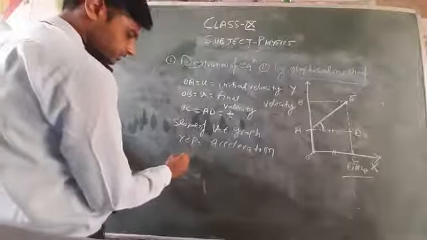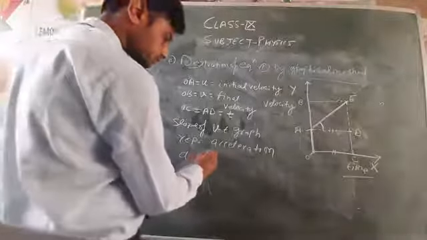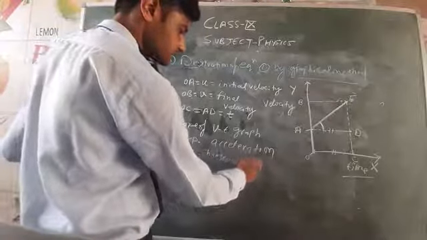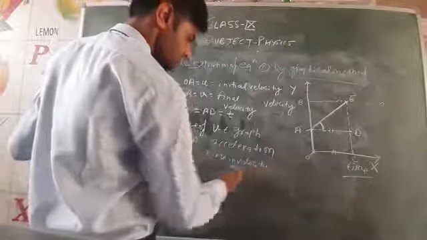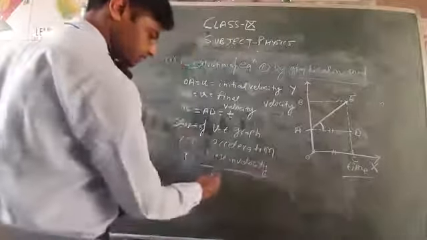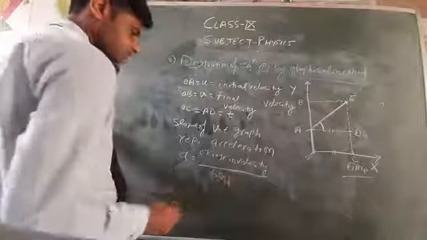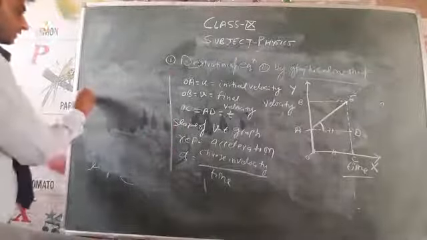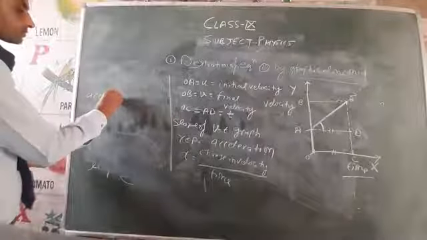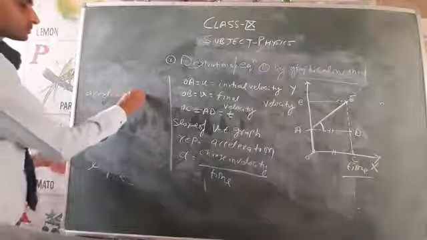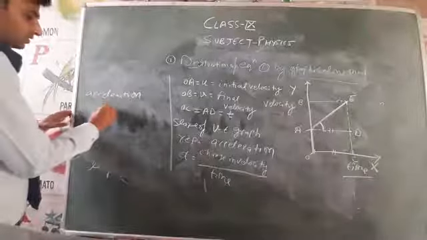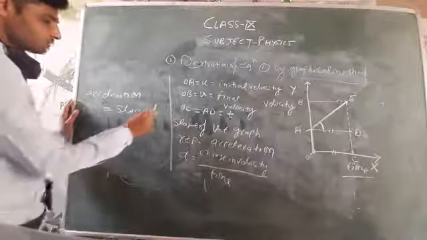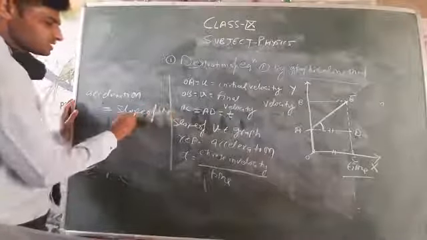The value of acceleration a is equal to change in velocity upon time, and this is also equal to the slope of the VT graph.